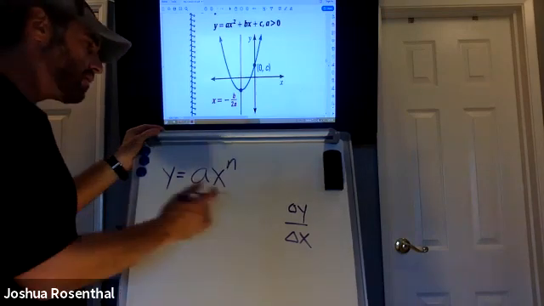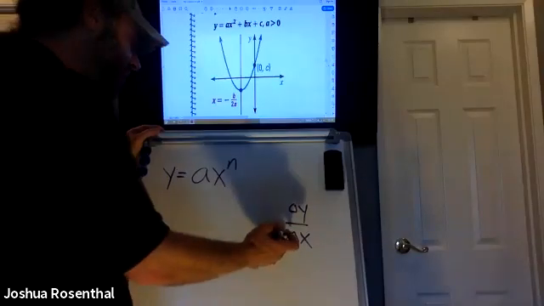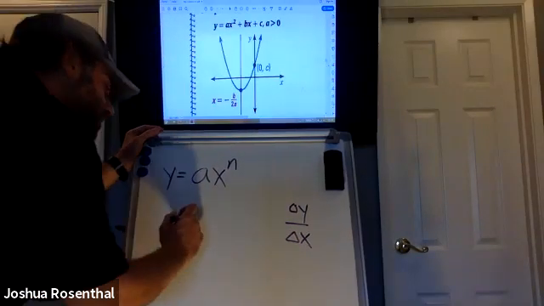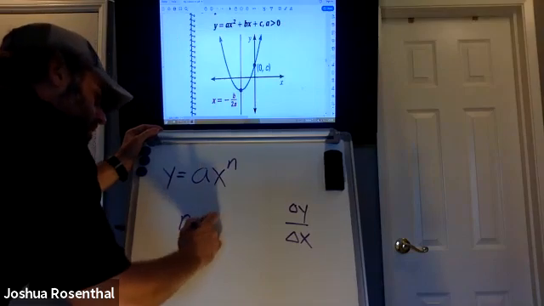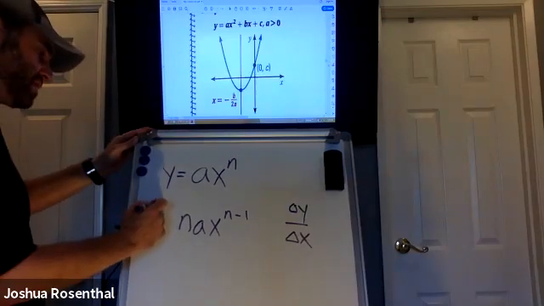So delta y over delta x. What ends up happening when you find delta y with respect to delta x is this. You get a times n x to the power of n minus 1, right? That's the power rule, I believe, Mr. Rosenthal, not the exponent rule. Power rule, yes.